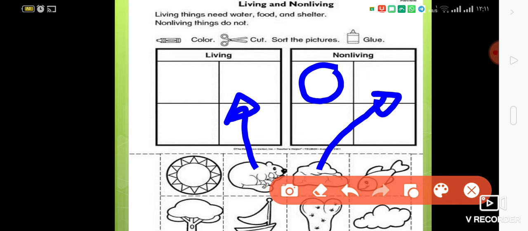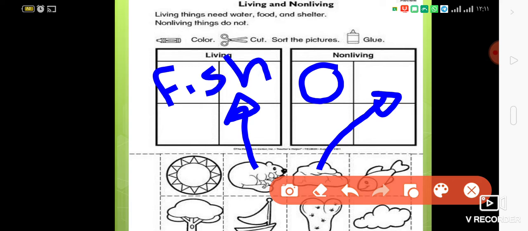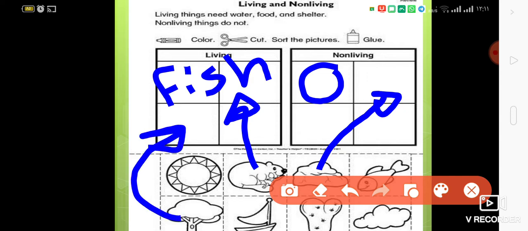So here I will put the fish. And the tree, I will put it, yeah, excellent, with the living things. And the pot is a non-living thing. And the potato is a non-living thing.